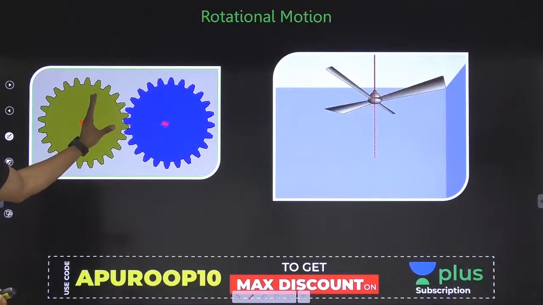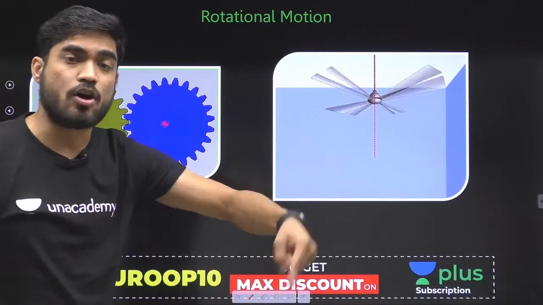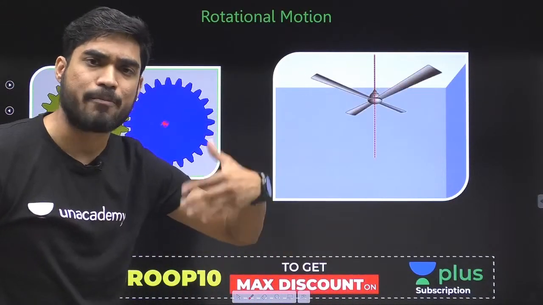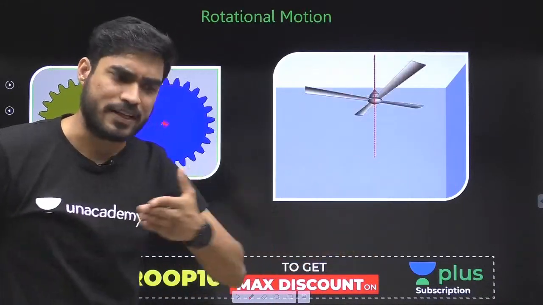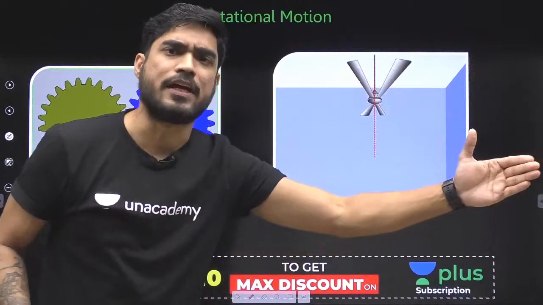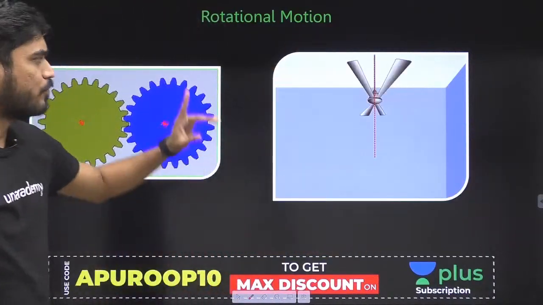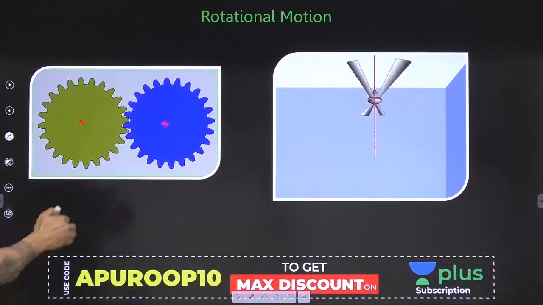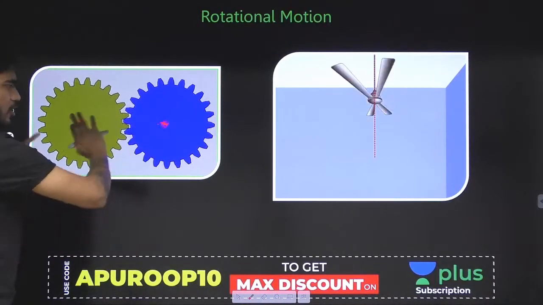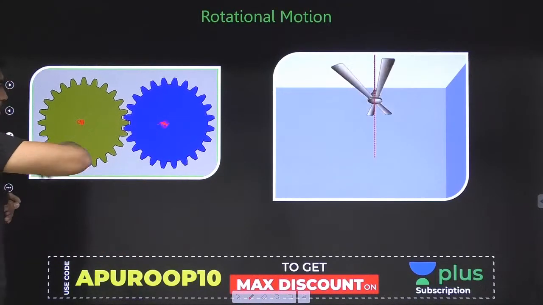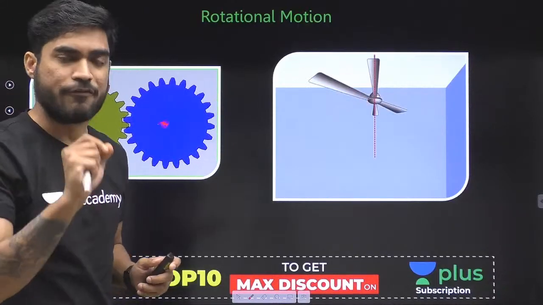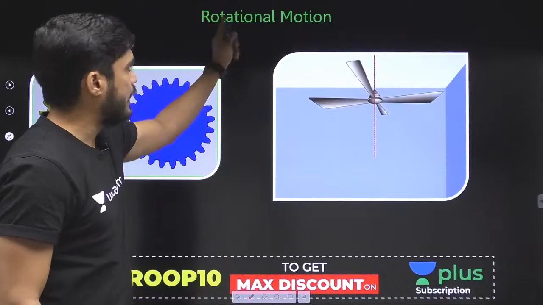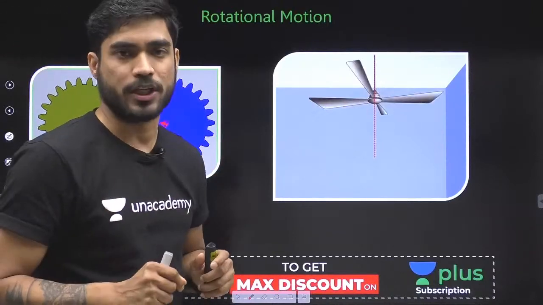In case of wheels of a vehicle, car, bicycle, bike, anything, the center of rotation is not fixed. The center of rotation itself is moving. That's a different story. This is the case where the center of rotation is fixed and not moving anywhere. The body is in circular motion about a fixed center of rotation. That is pure rotational motion.